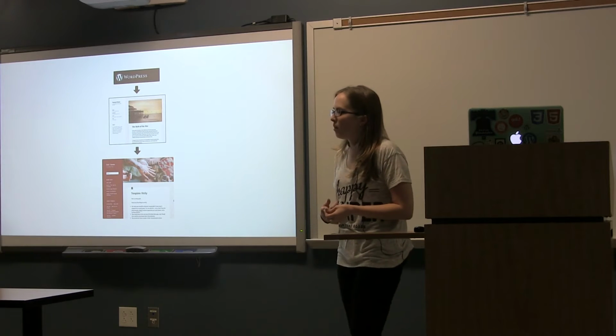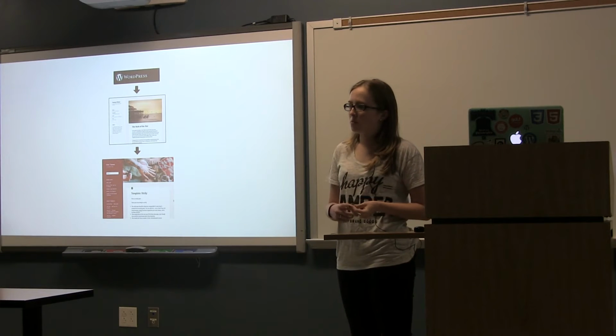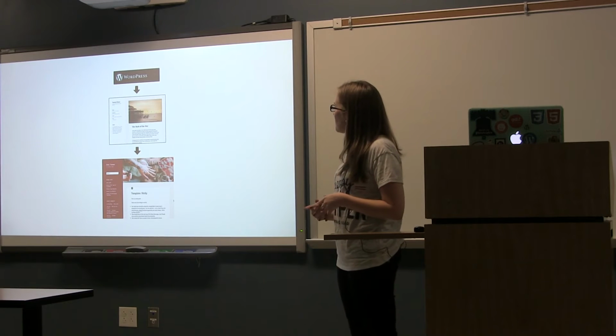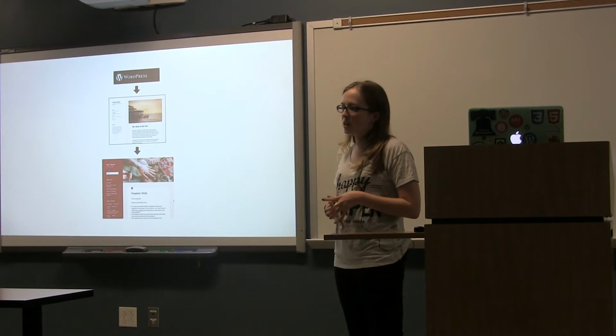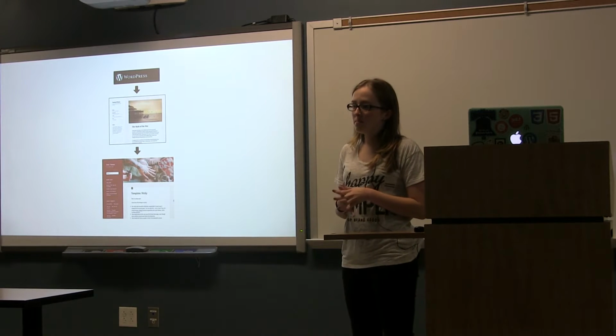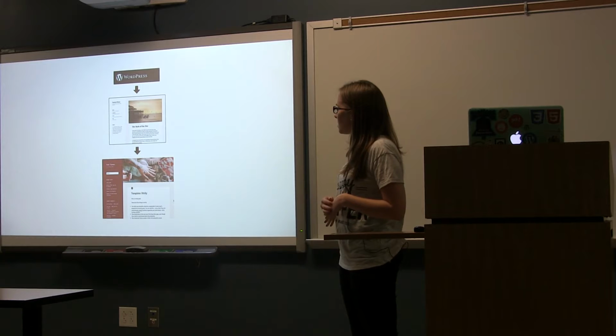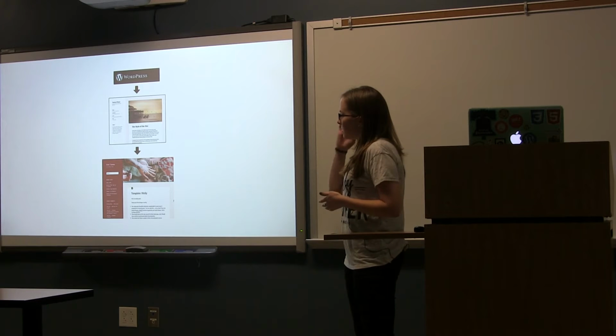So how many people are familiar with downloading themes from WordPress.org? Most people. So you can actually make a child theme with any theme. But the one I chose for my demonstration is the 2015. And again, you can use any theme as the parent theme.